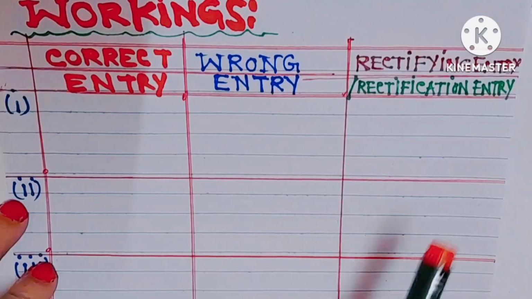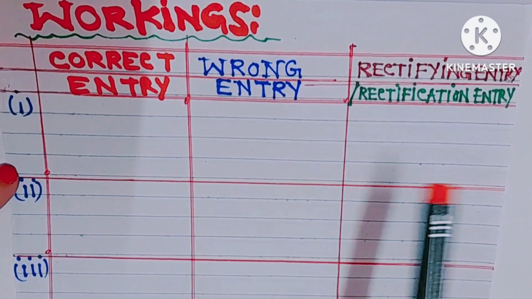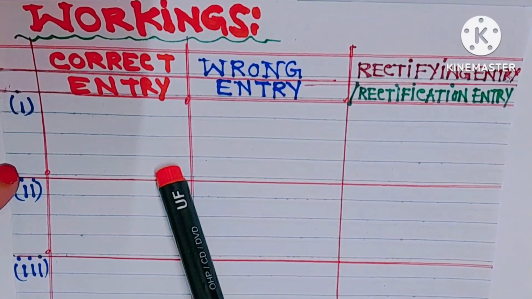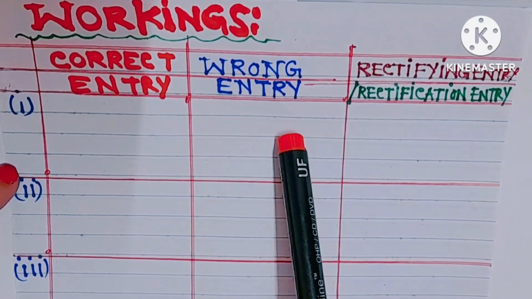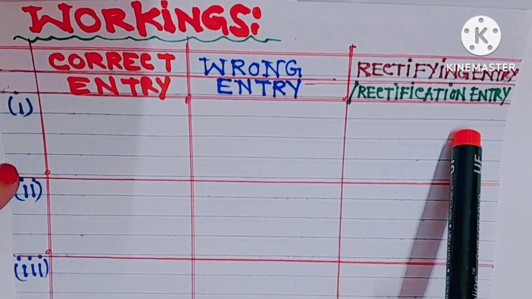So let's write. Always we have to do the workings first and then do it in the fair. In the workings you have to draw 3 columns. The first column is the correct entry, the second column is the wrong entry, and the third column is the rectifying entry or rectification entry.